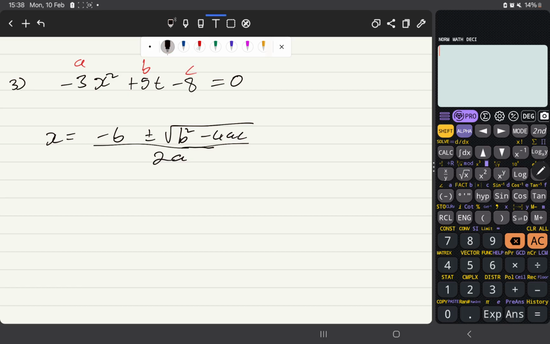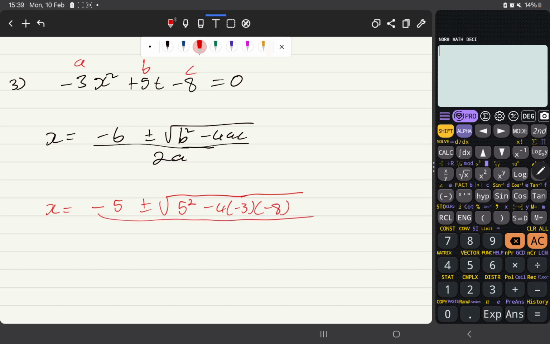Next step, substitution. Let me just go with the red pen. Minus b, my b is positive, so it's just going to be minus 5. Then plus or minus b squared, that's 5 squared, minus 4 times a, which is minus 3, times minus 8, which is c.